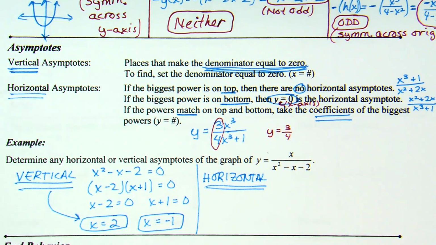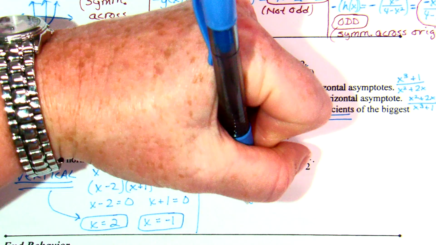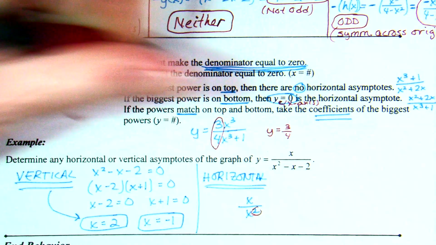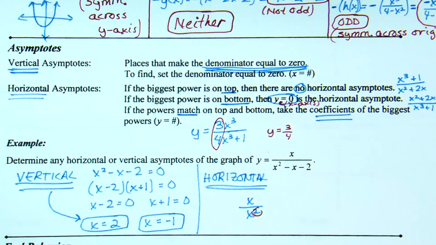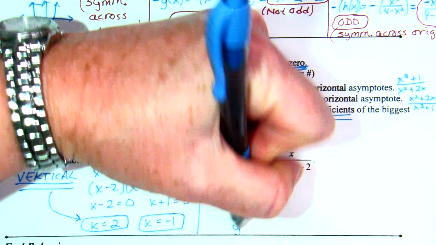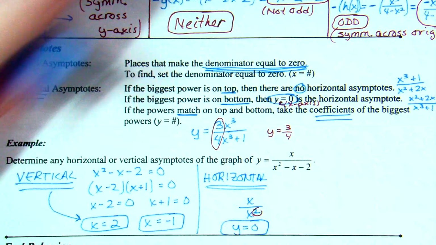Well, my only power on top, right, is x. My largest power on bottom is x to the second. So where is the biggest power? On bottom, because x squared has a bigger power than x to the first. What is the rule when the biggest power is on bottom? Y equals 0. So I know that I have a horizontal asymptote of y equals 0.